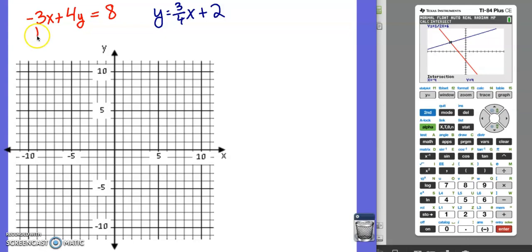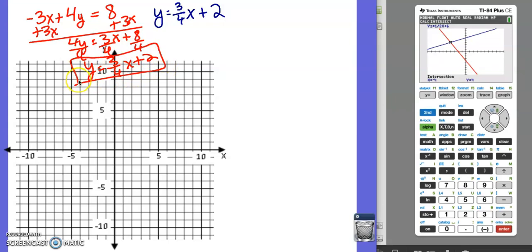So if I solve for y equals mx plus b, you're going to see something. So you're going to get y equals 3/4 x plus 2. Well, I want you to notice something. That's the same equation as the blue equation.